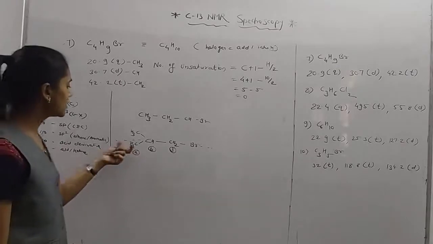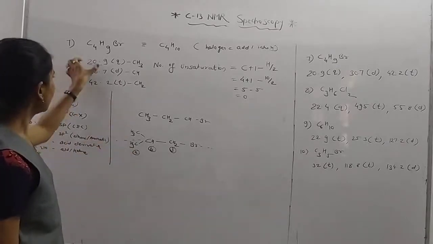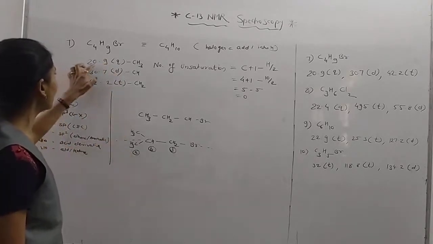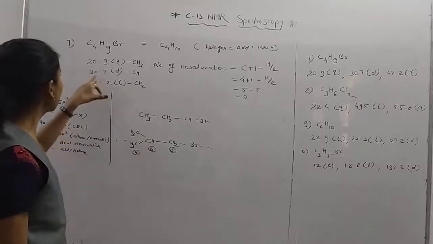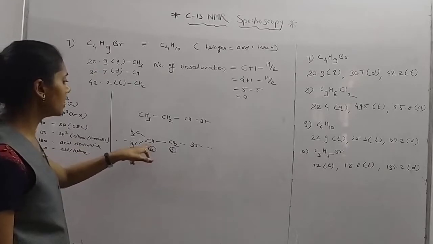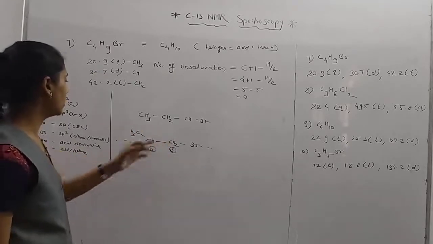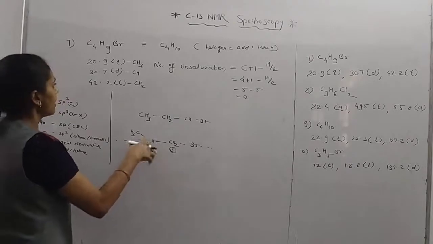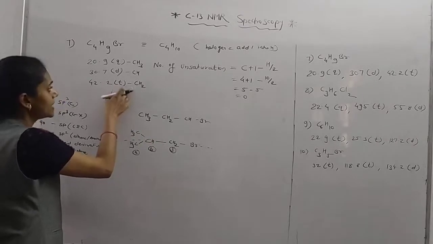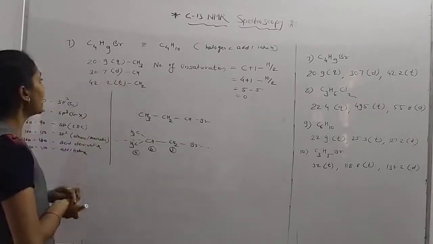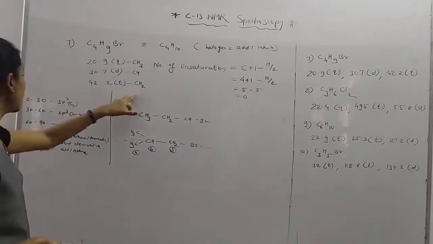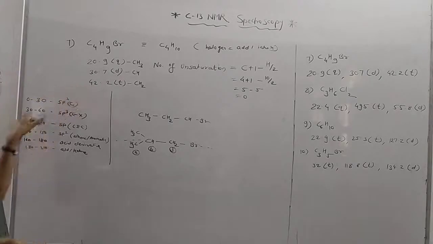Now this CH3 group has its signal at 20.9. CH gives the signal at 30.7, since it is sp3 hybridized and the surrounding groups are carbon, carbon, carbon, so it is in the upfield direction. Now this CH2 gives the peak at 42.2. Why does this CH2 give a peak between 30 and 60?